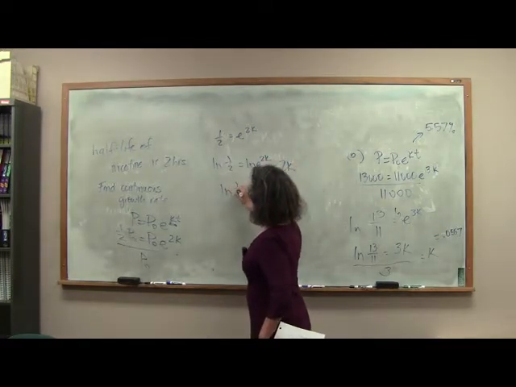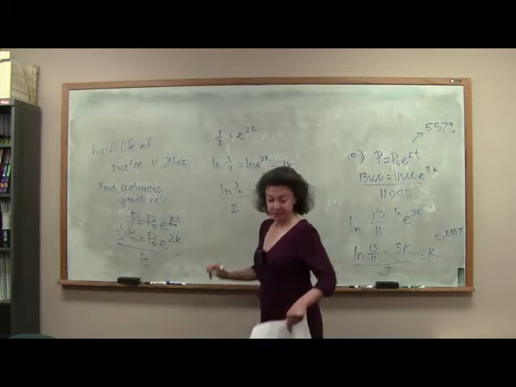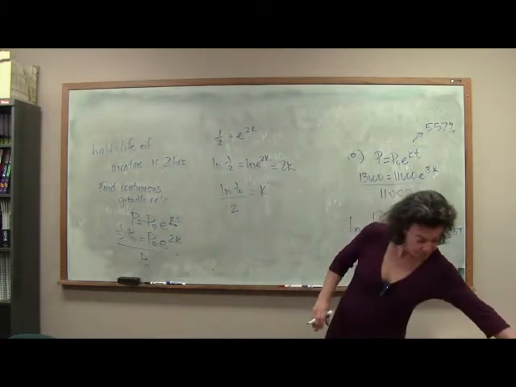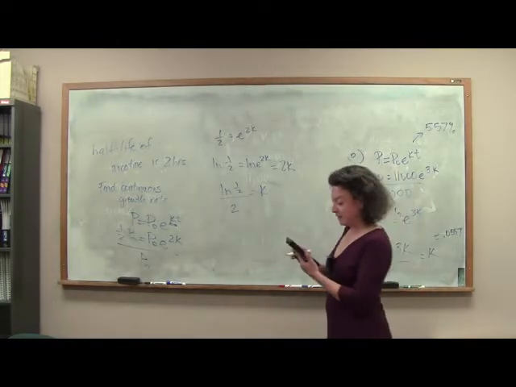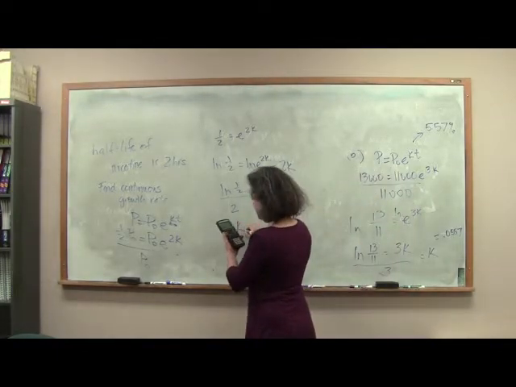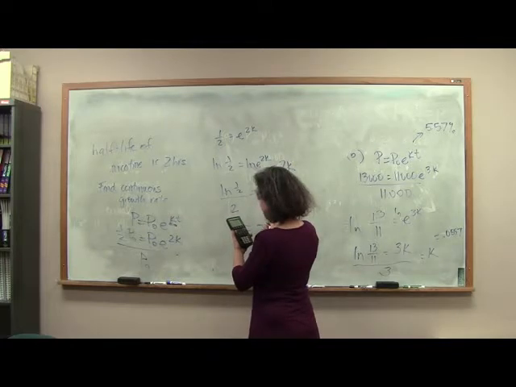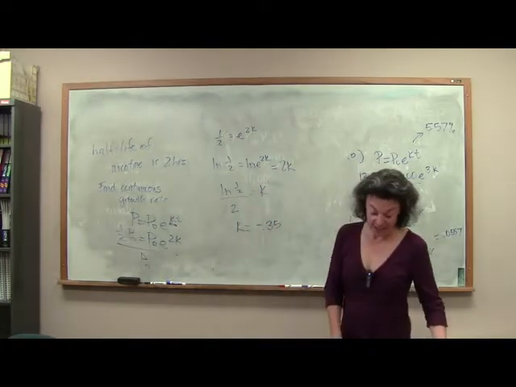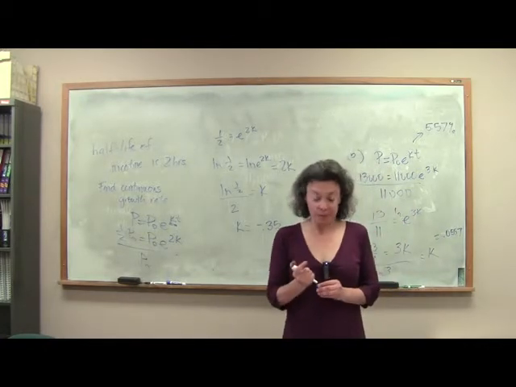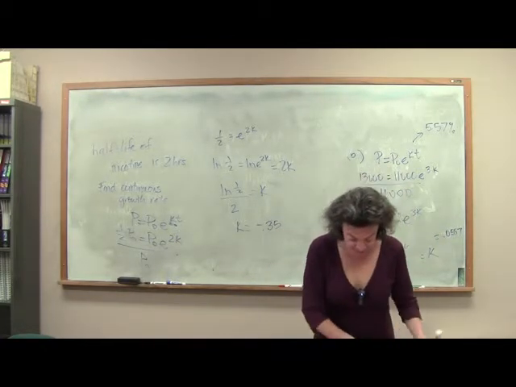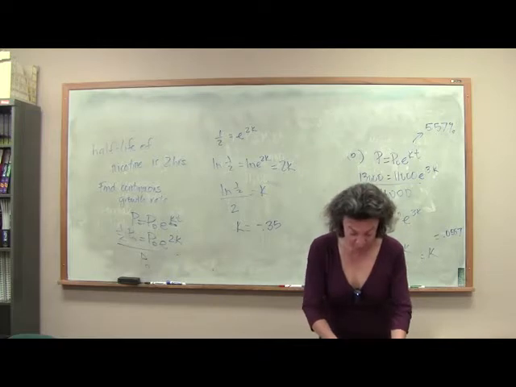So k is the natural log of 1/2 divided by 2. And in case you care what that is, you're going to get k to be about negative 0.35.